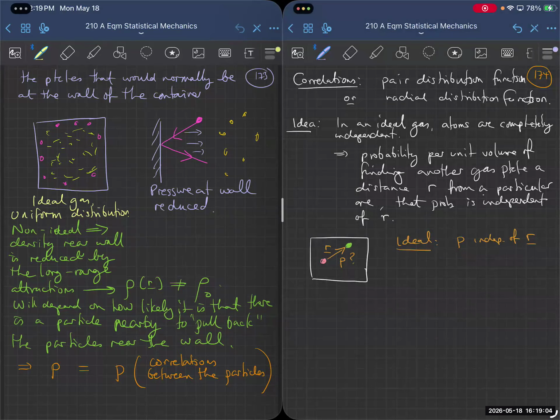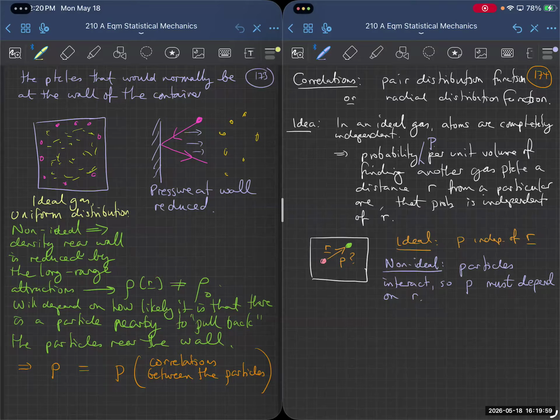And for a non-ideal gas, since the particles interact, which means they have an energy that depends on their separation, P must depend on R. And so the probability, which I'm calling P, really a bad idea to call it P when I'm going to also use the pressure P. So let me call it P of R for probability.